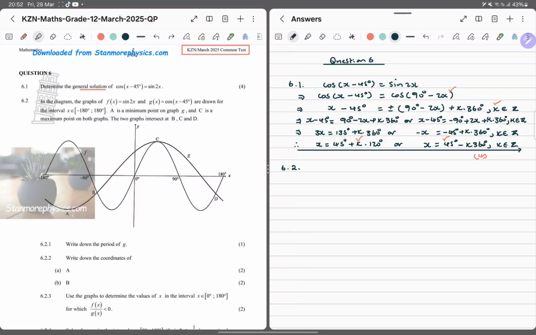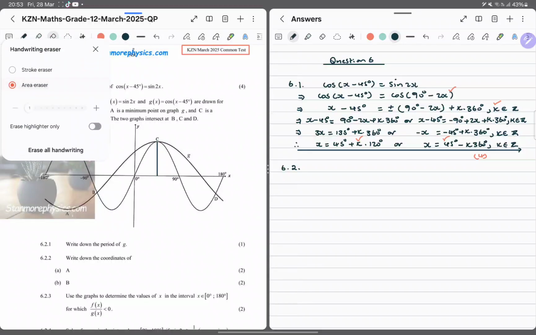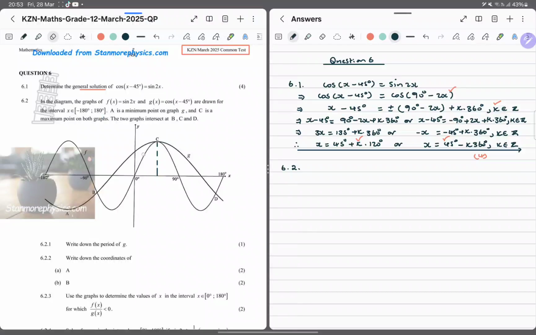Anyway, very important: what is this maximum right here? Technically, this should be at 45 degrees, right?